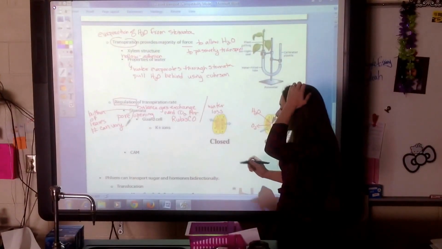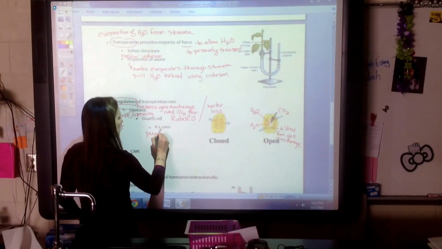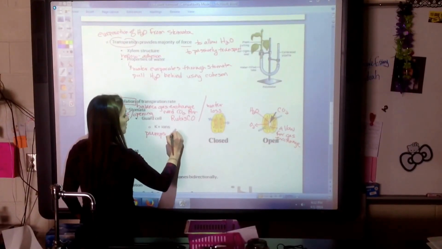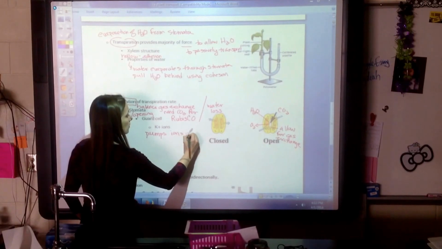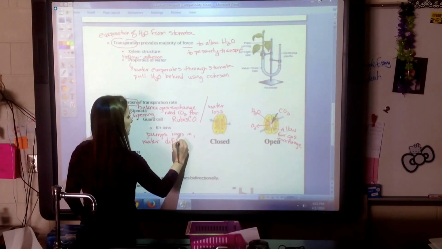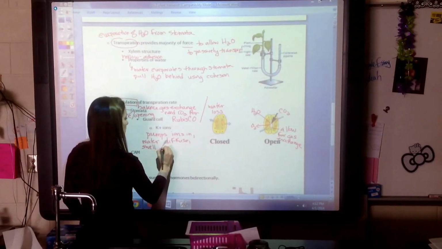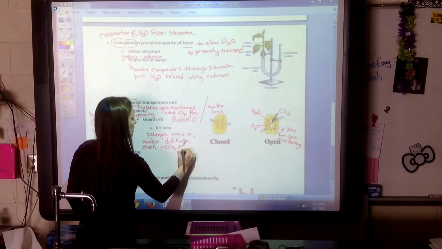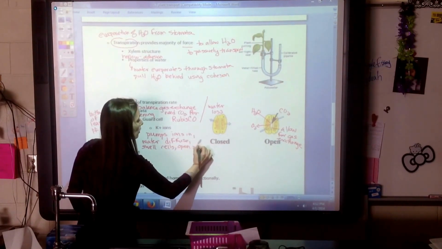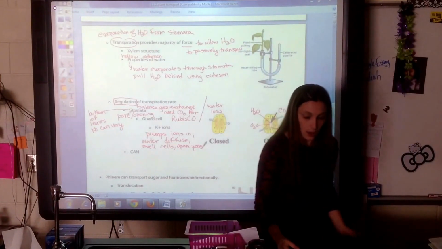And so what we see is that we're actually going to pump ions in, water will diffuse, will swell the cells, and open the pore. And so we're really going to stop there.